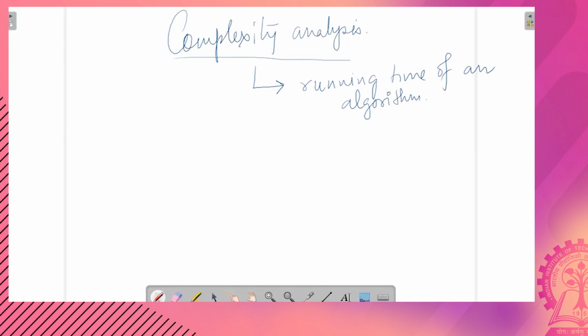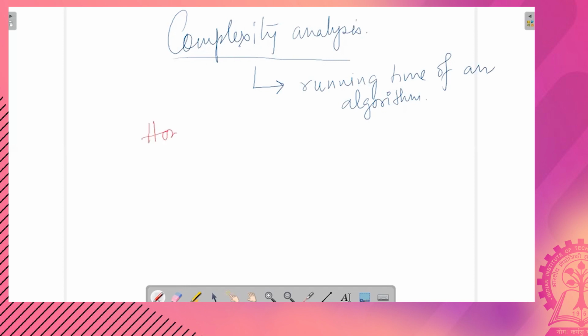Now we have a few questions which we have to answer before we proceed. If running time is the way to do the complexity analysis of an algorithm, how do I measure running time?